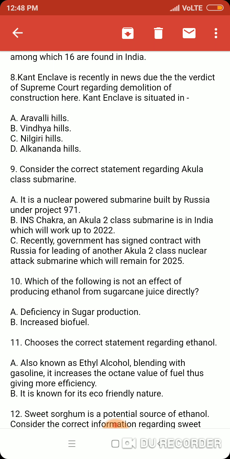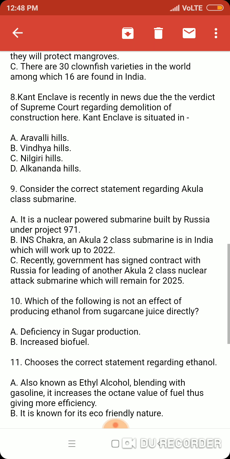So recently, the Supreme Court has given a verdict to demolish all the constructions, mainly illegal constructions, in this area. And the controversy is that it is a colony.